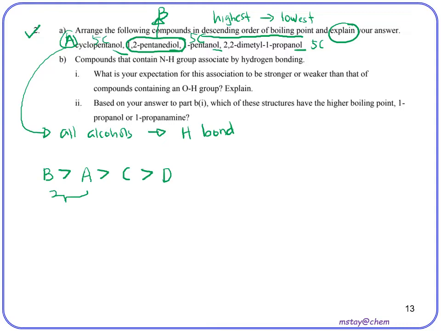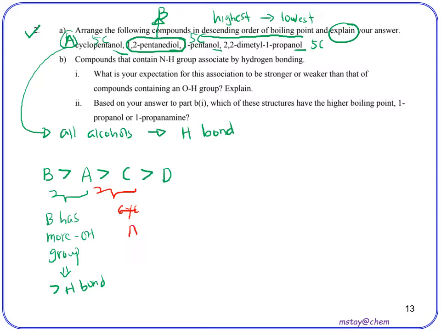Okay, so based on this, why does 1,2-pentanediol have a higher boiling point than cyclopentanol? Because B has more hydroxyl groups, so they have more hydrogen bonds. Then we compare another pair, between cyclopentanol and 1-pentanol.